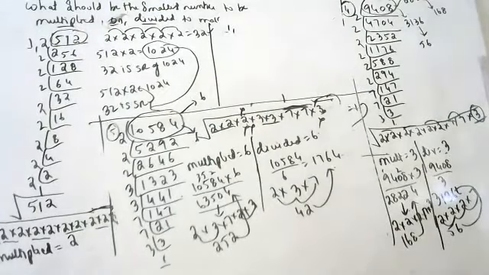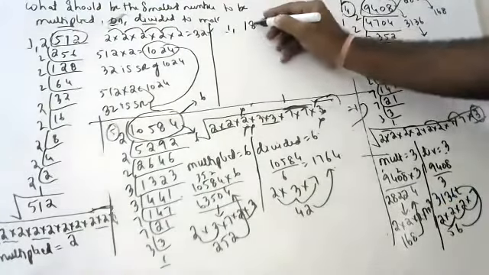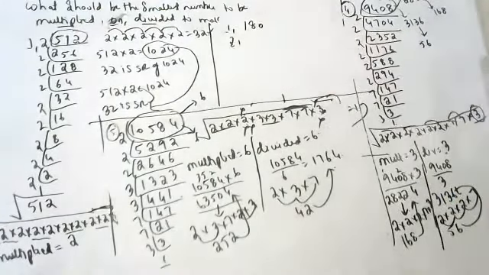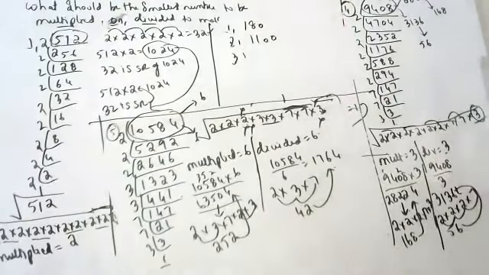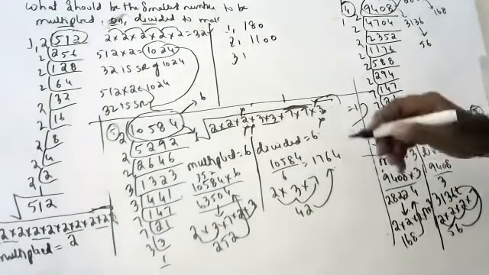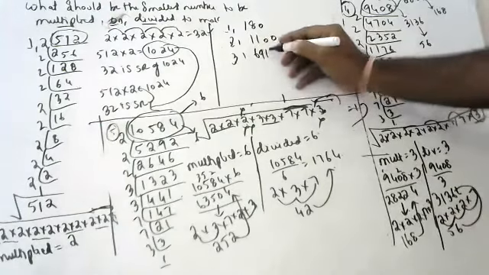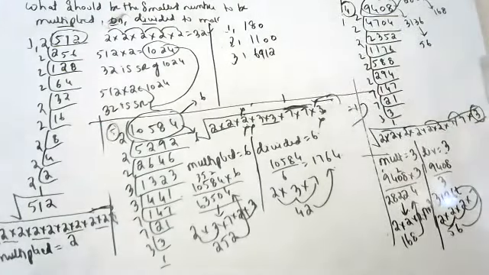One second children. First one is 180. Send it to me as homework children. Second one is 1100. Okay children, please copy down. You have to send it to me as homework. Next is 6912. Okay.